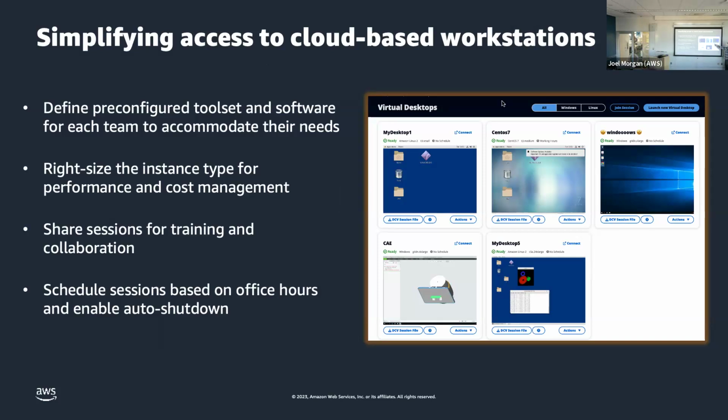If you click DCV session file and download it, you can install the full client on your laptop and use it outside of the website. I'm struggling to think of specifically what advantage there would be. I think you could have more monitors if you download the full client.